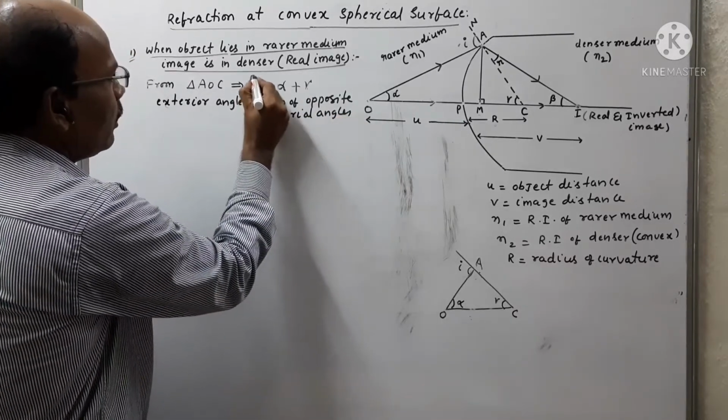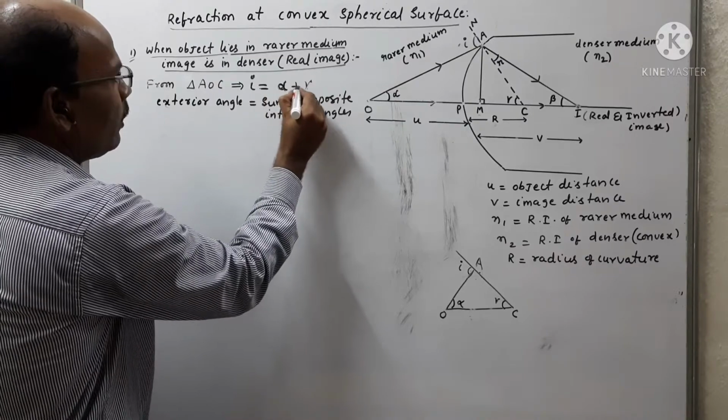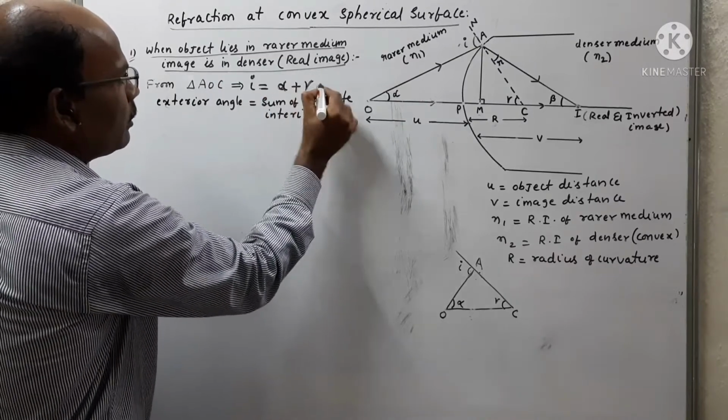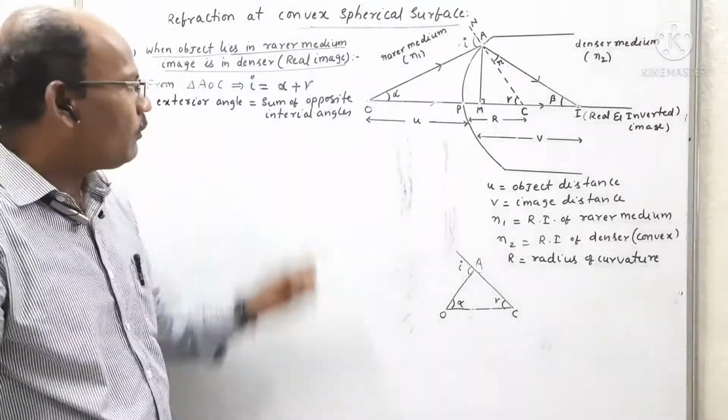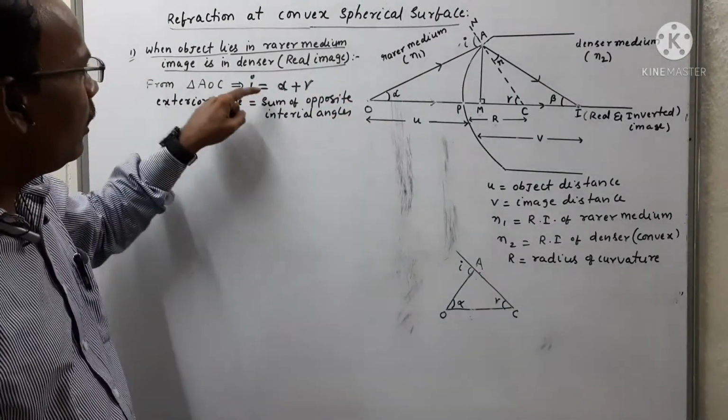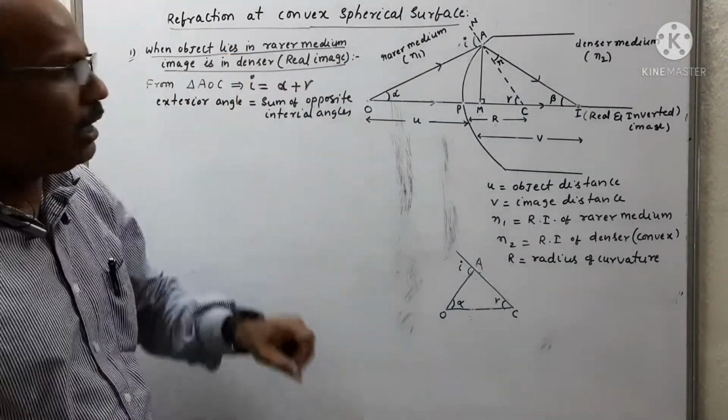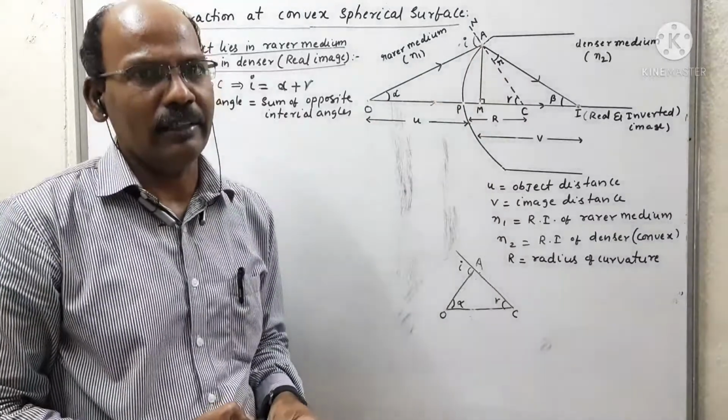So we can write I is equal to alpha plus gamma. Okay. So from this we can calculate the value of alpha and gamma by using the triangles.